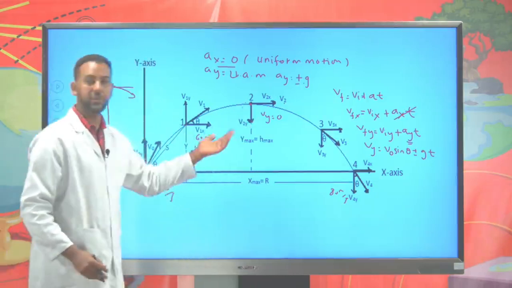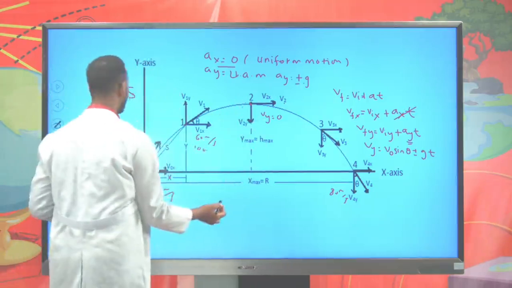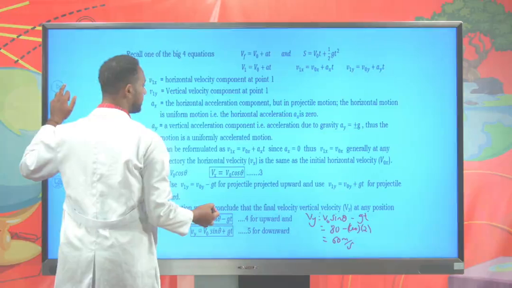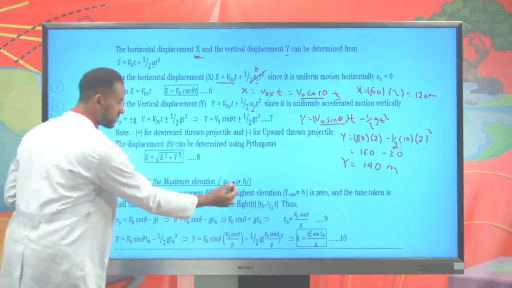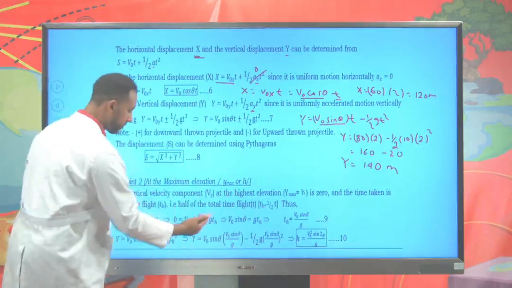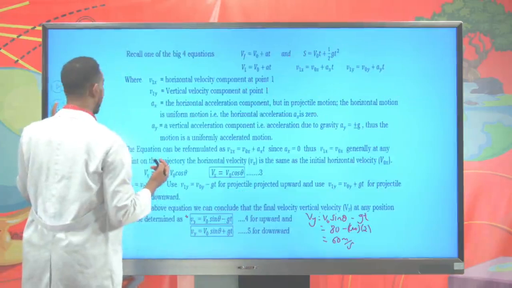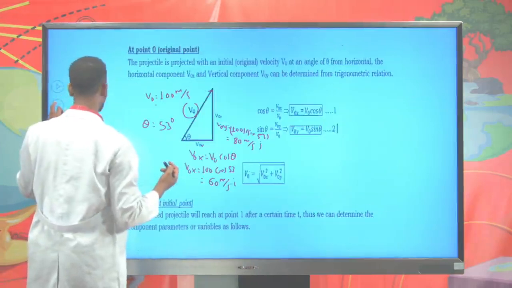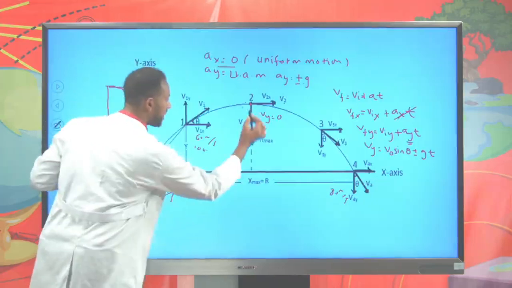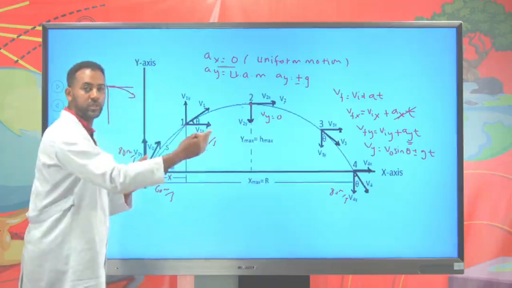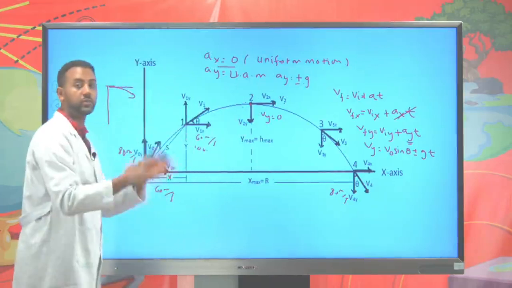And at the maximum height, the maximum possible vertical height, it's possible to find the time interval. While the projectile reaches the maximum height, meaning as it reaches here, it took half of the flight. The time it took is half of the total time of flight.